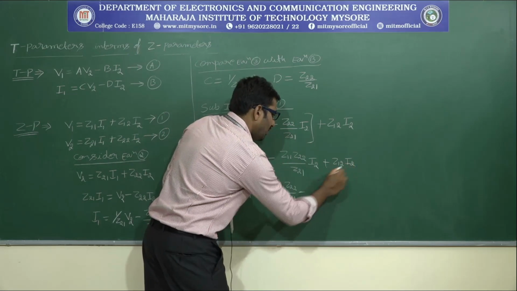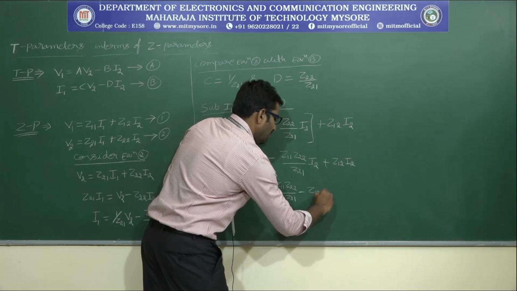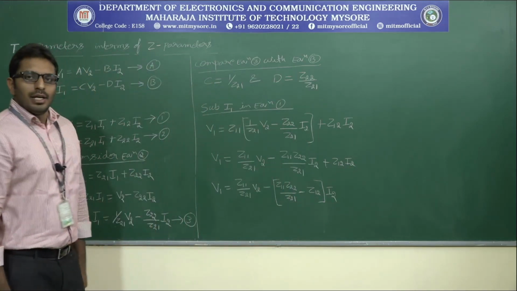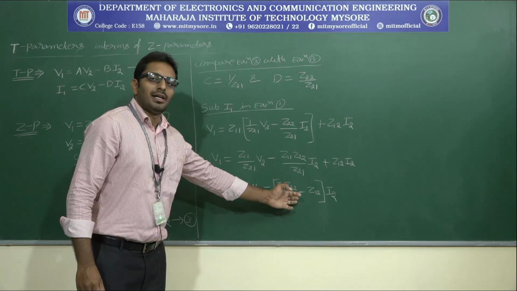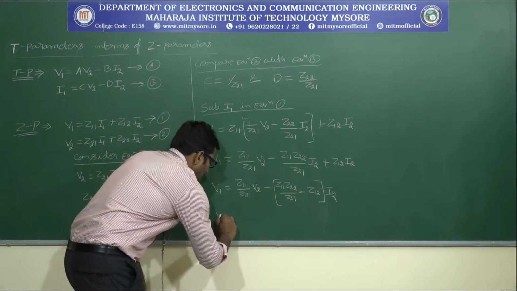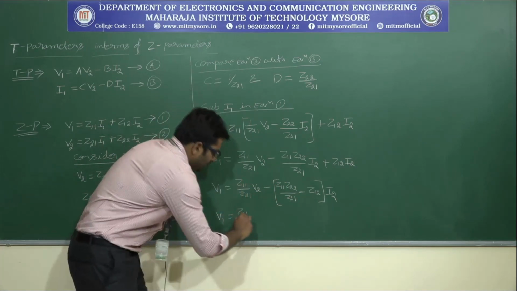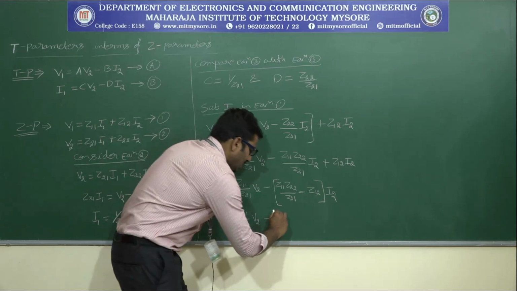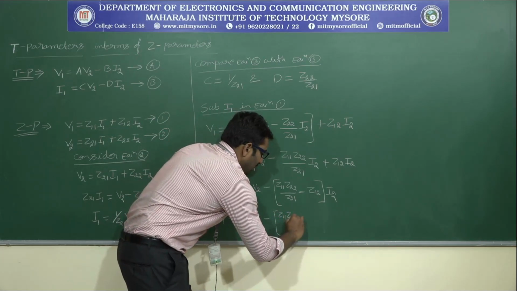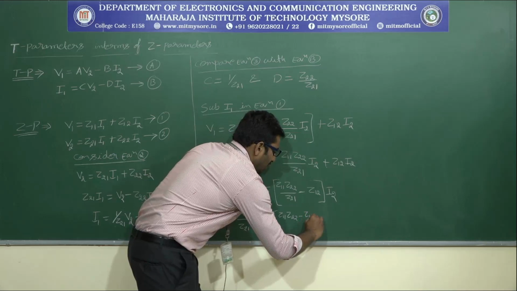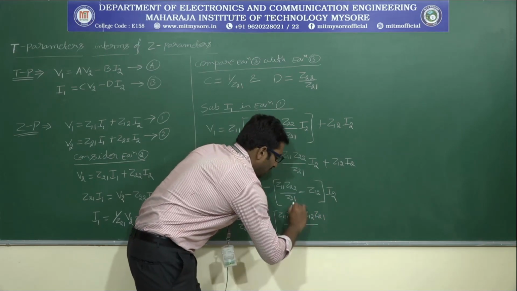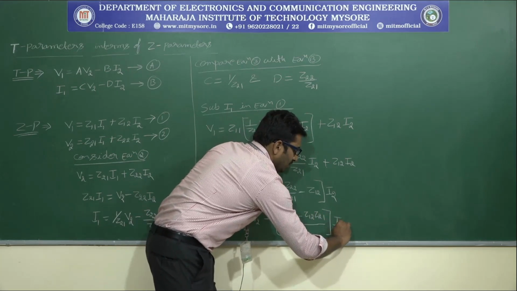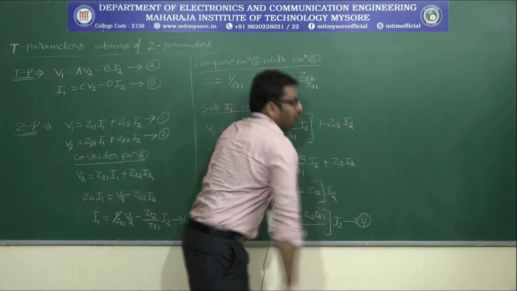Then what is the remaining by taking I2 as a common factor? Z12 into I2. Now just simplify this term by taking LCM. V1 is equal to Z11 divided by Z21 V2 minus, open the bracket, Z11 Z22 minus Z12 Z21 whole divided by Z21, multiplying with I2, and call it equation 4.